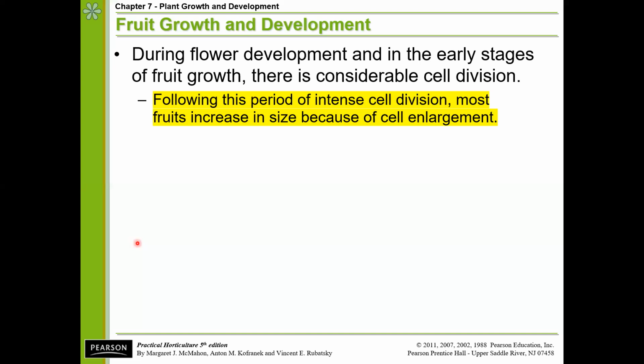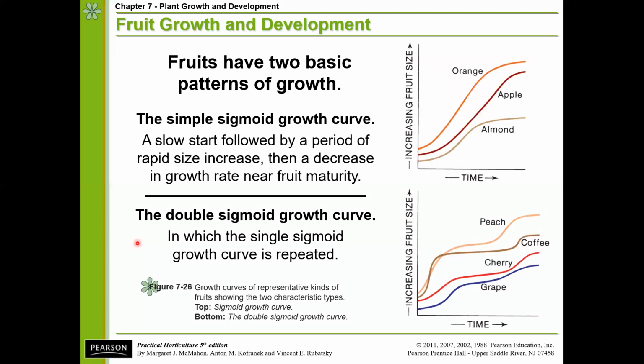So here's just a look at the two basic patterns of fruit growth. A simple growth curve here where they just increase in size at a stable rate until they get to the largest size they can, and they just continue to mature and develop the sugars. Some fruits, and in this case we're looking at say apples and almonds and peaches and cherries, are all in the same plant family, but they have different growth patterns.